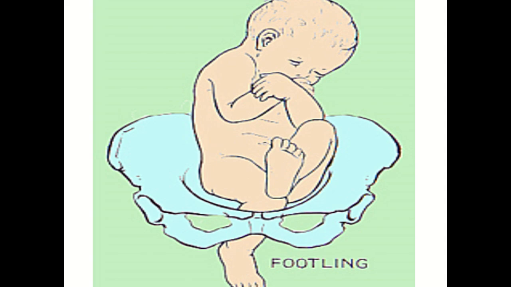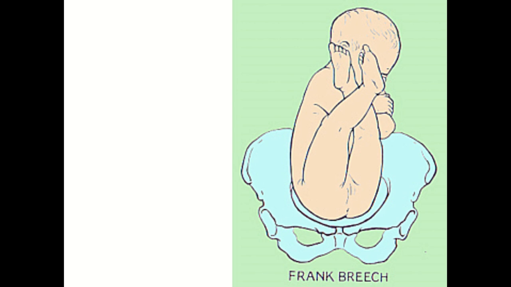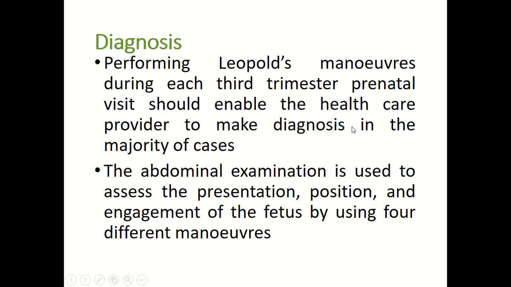You can see this is footling breech, where one foot is leading. Okay, this can also be called an incomplete breech. Then you have a complete breech, then we have a frank breech where the hips are flexed but the knees are extended.